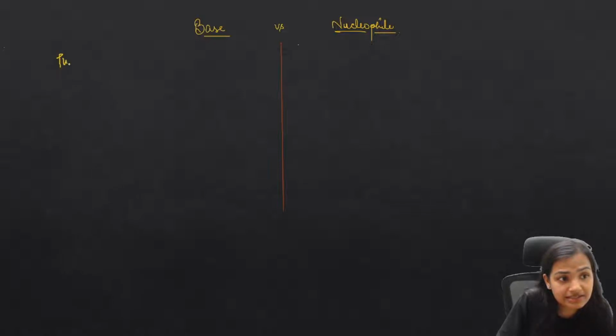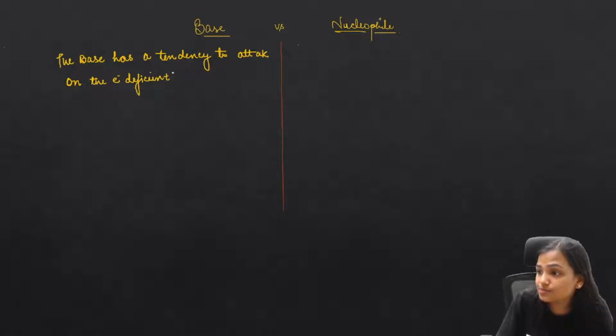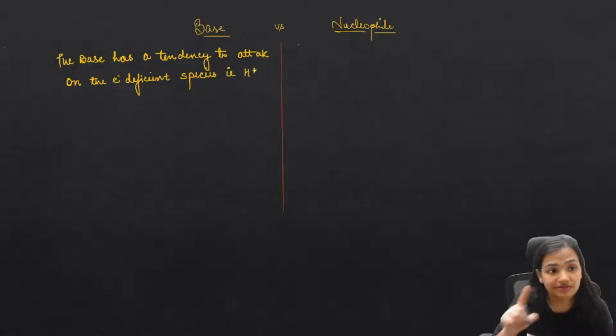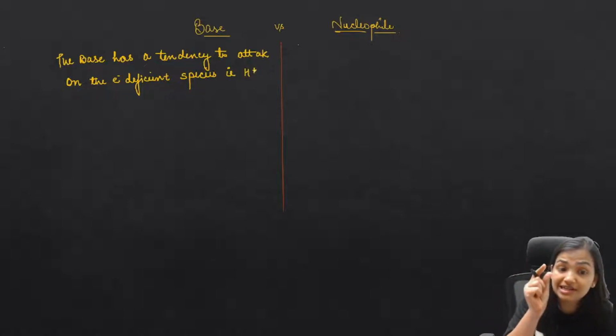A base has a tendency to attack the electron deficient species that is H positive.